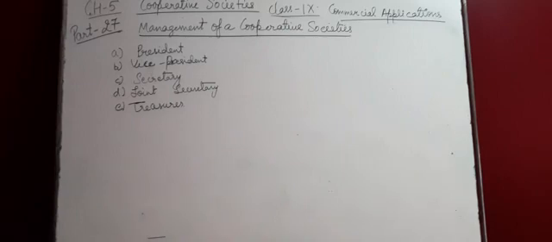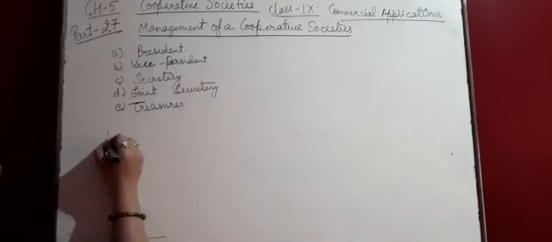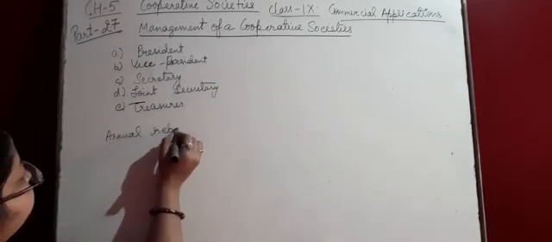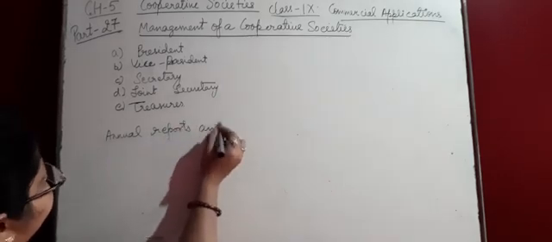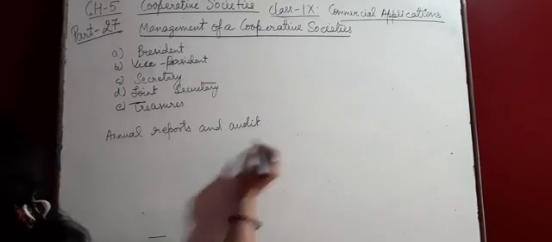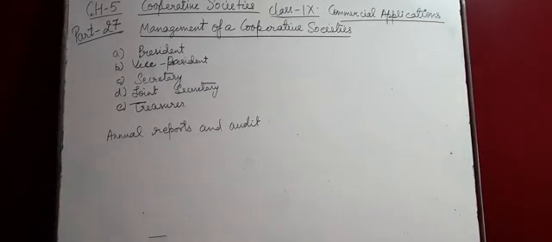The cooperative society must furnish annual reports. They have to make the annual reports, have the accounts audited, and after that submit them to the registrar of the cooperative society.